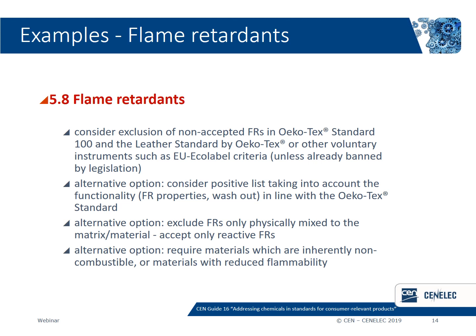We also consider alternative options, for instance, to develop a positive list of substances which are allowed to be used. A further alternative would be to exclude flame retardants which are only physically mixed to the matrix or material and accept only reactive flame retardants which cannot so easily migrate from the material. And another alternative would be to require materials which are inherently non-combustible or materials with reduced flammability.